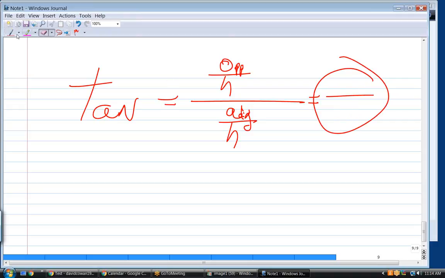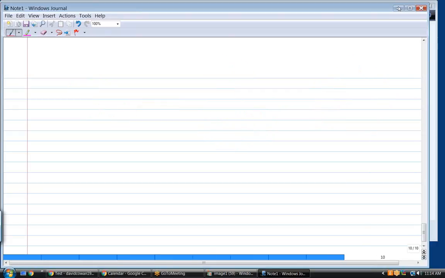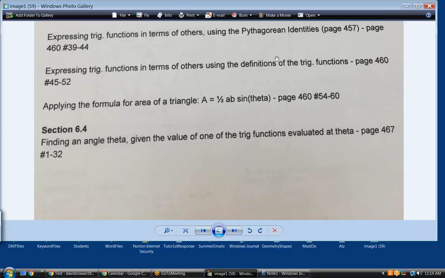It's opposite over adjacent. When I solve this problem, I flip this and multiply, so I get O over A. Okay. They may mean some other things there, but I'm not sure exactly what they mean.